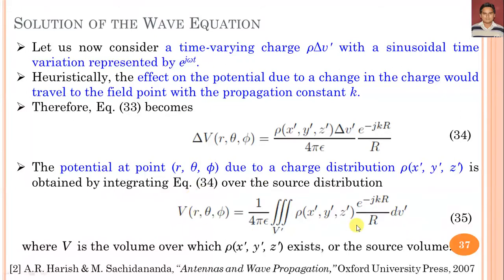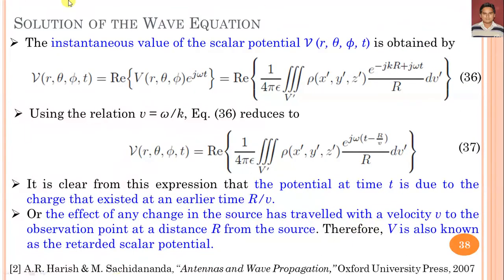So this is the expression that we have got. The instantaneous value of the scalar potential V(r, theta, phi, t) is obtained from the equation that we have discussed previously in this lecture.